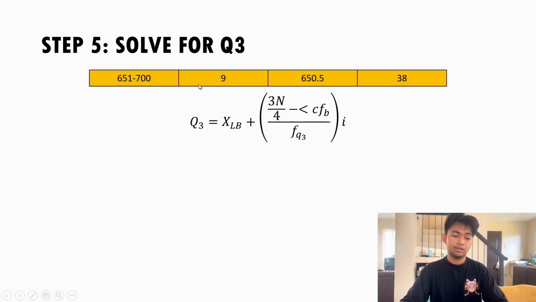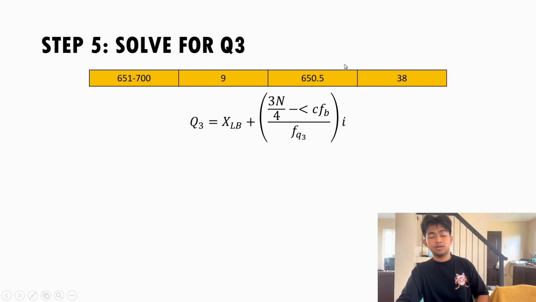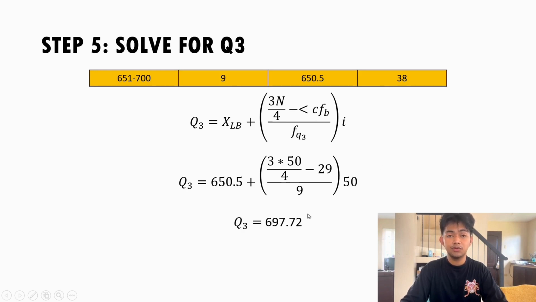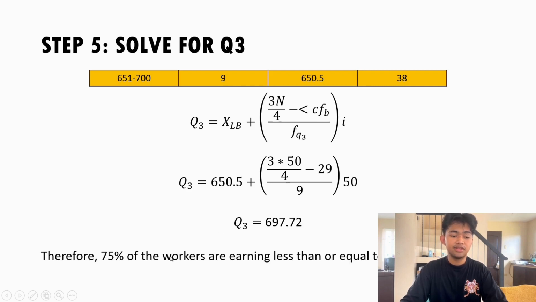Now, based on the data given here, as we already identified in the previous slides, the lower boundary of the data is 650.5 plus 3 times 50, which is the total frequency, over 4 minus the less than cumulative frequency, which is equal to 38 minus 9, which then equals 29, all over the frequency of Q3, which is 9, times the class interval of 50, which then gives us the answer of Q3 equal to 697.72. Therefore, 75% of the workers are earning less than or equal to 697.72 pesos daily.